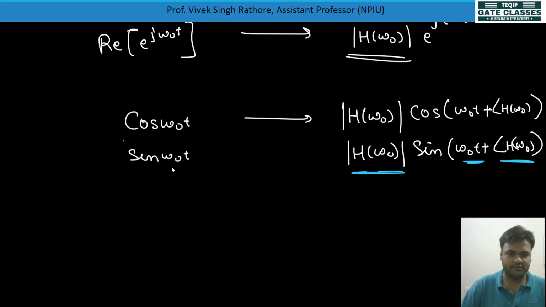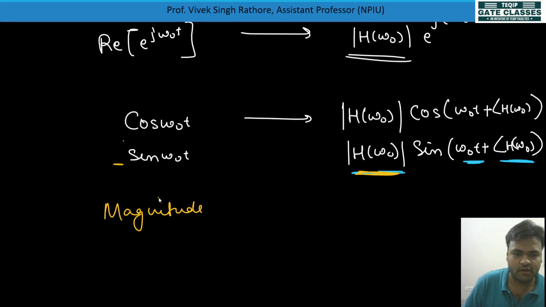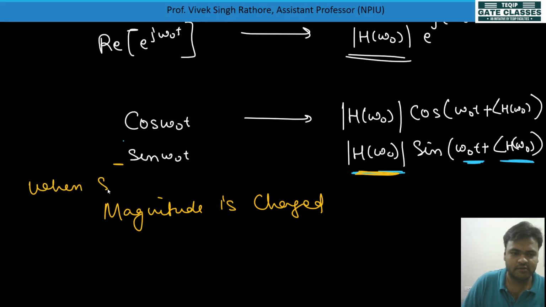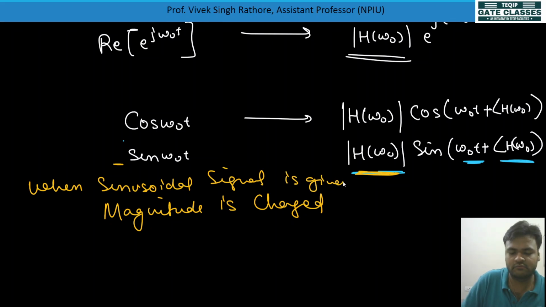Now tell me, is the magnitude changed? Yes sir, magnitude is changed when we are giving sinusoidal input to an LTI system, right? When a sinusoidal signal is given as input to an LTI system, what will happen?